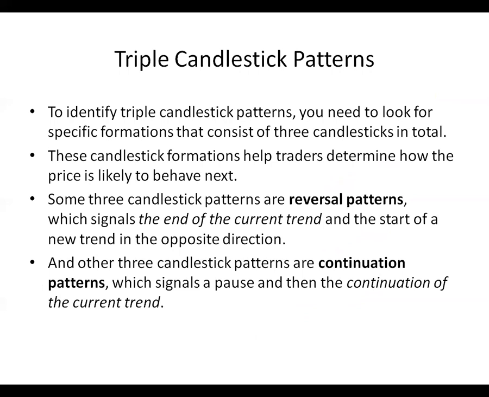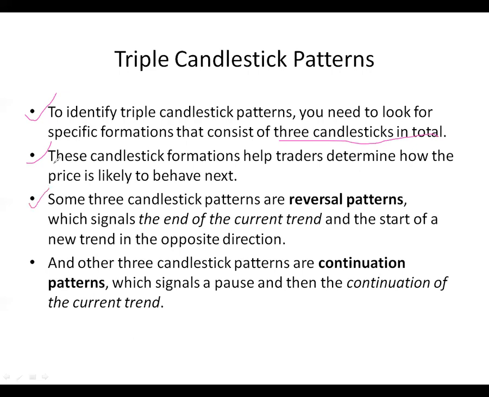It says, to identify triple candlesticks pattern, you need to look for specific formations that consist of 3 candlesticks in total. Point number 2, these candlestick formations help traders to determine how the price is likely to behave next.